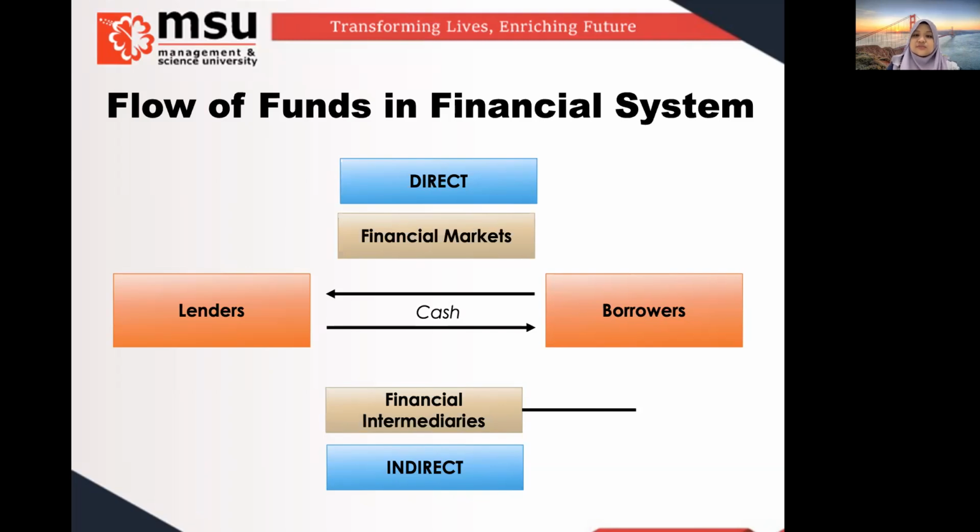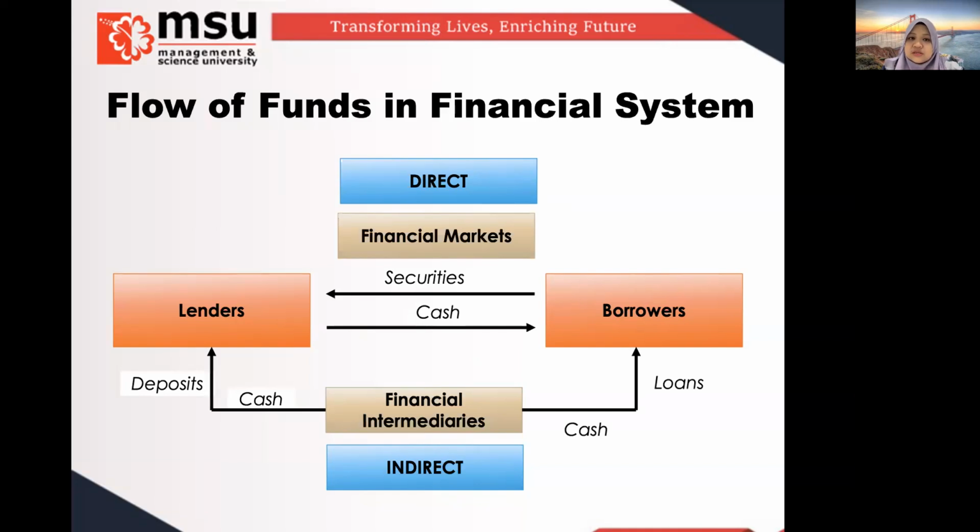Okay, so lenders will give cash. So the flow is lenders give funds to the borrowers, while borrowers will give back to the lenders the securities. So this is the flow of funds in the financial system. In the direct market, lenders give the borrower money, which is the cash, and in return, the borrower will give the lenders securities.